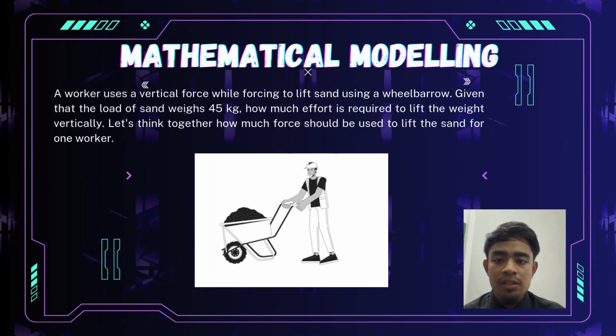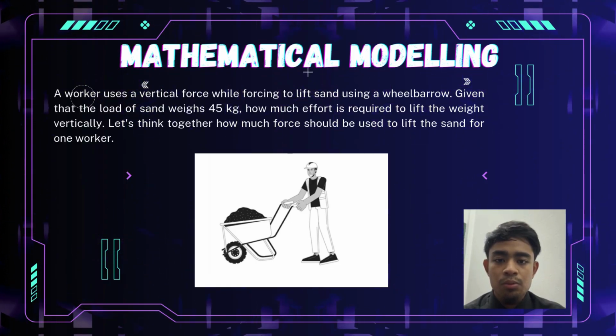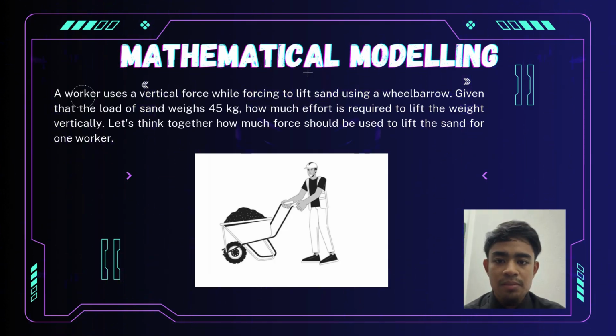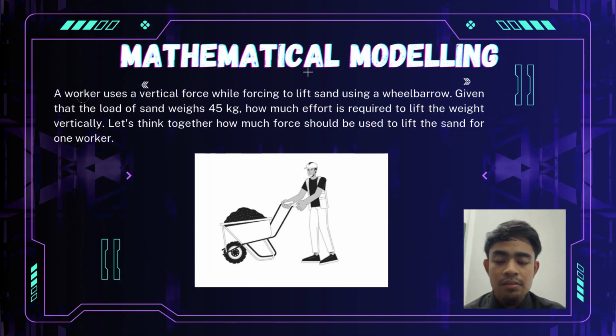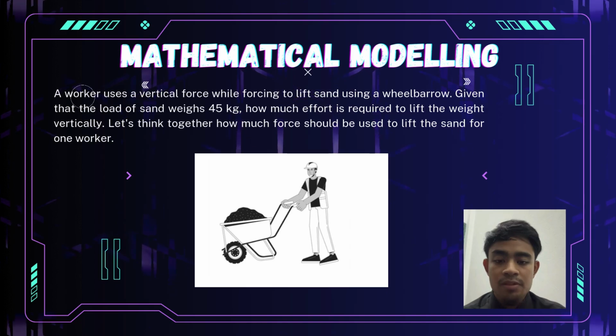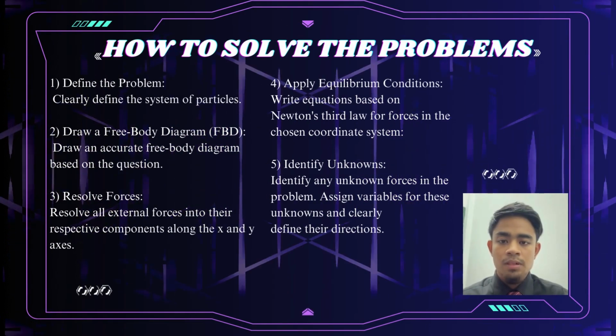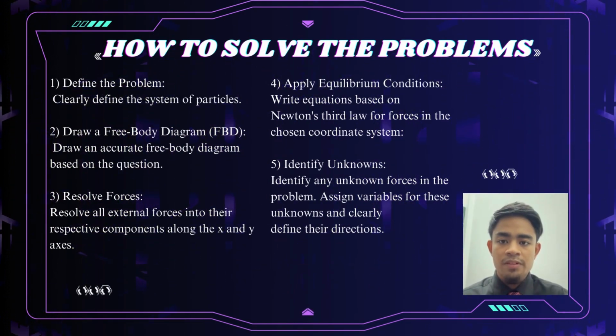We prefer to use this equilibrium of rigid body method because it is easier for us to solve this problem. Next, I will talk about step by step how to solve this problem.